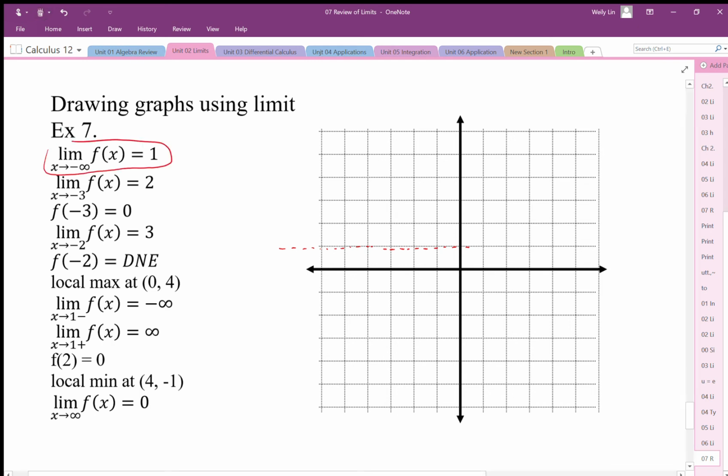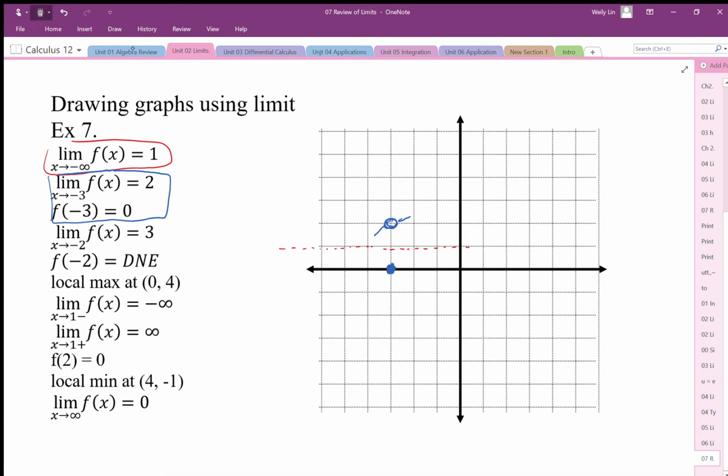Okay, so as x approaches negative 3, we're going to have a value of 2. Okay, but the actual coordinate is going to be down here. But we know that it's approaching from both sides. So we know that it's going to flow through that point. At negative 2, as x approaches negative 2, we're going to have a value of 3.